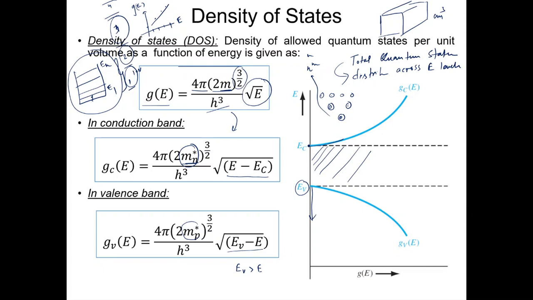Now if you plot this, it looks like a function like this, which means as you go up in the energy level, you get more and more states available. It's very similar to the layman example I was explaining, that as you go to higher levels in the building, you have more and more rooms available for people to occupy.